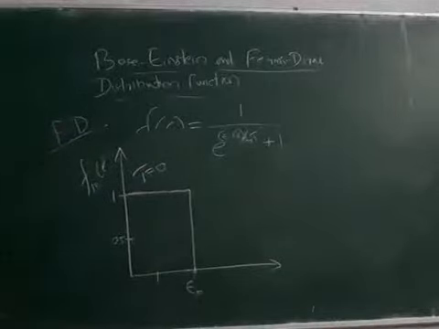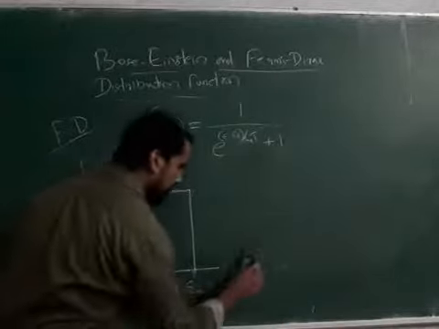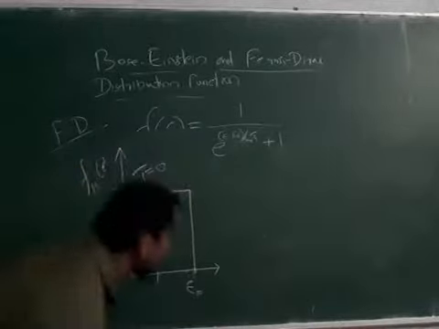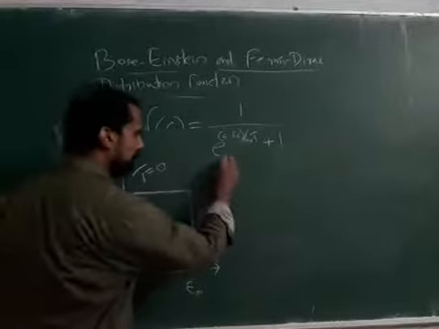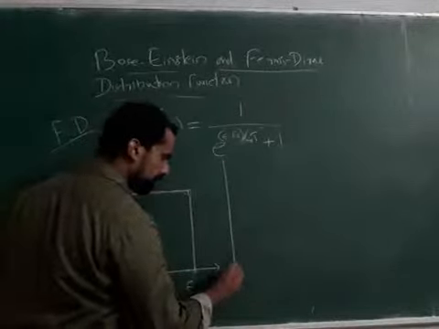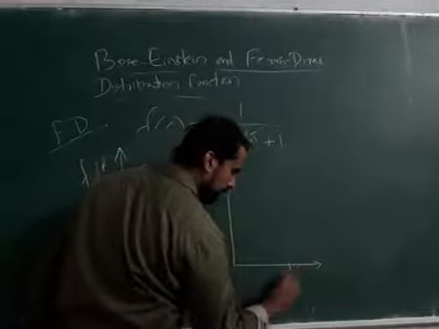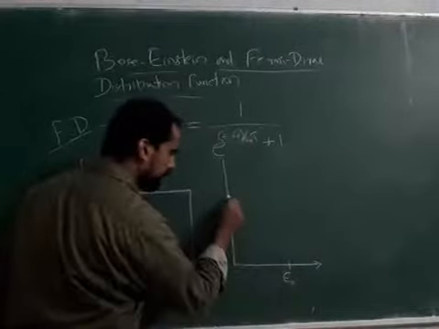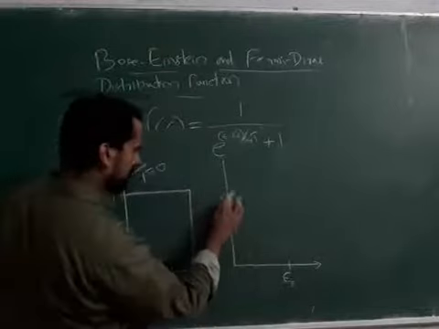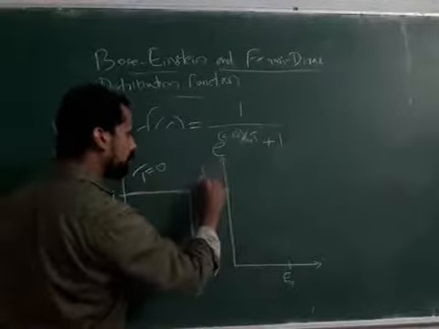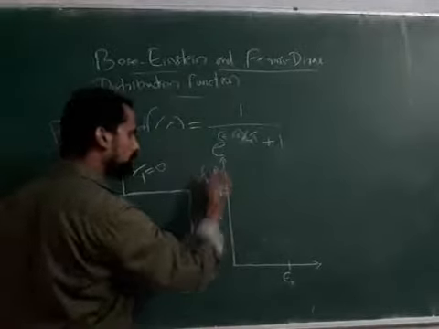Now, if you increase the temperature a little bit, again I am drawing here. This is my epsilon F, and this is 1, and here f of epsilon.